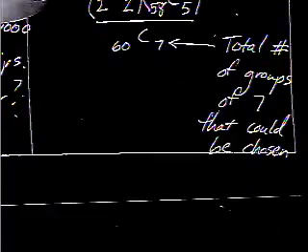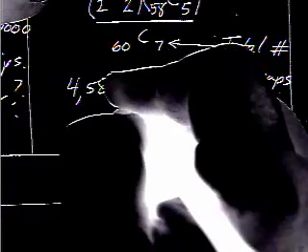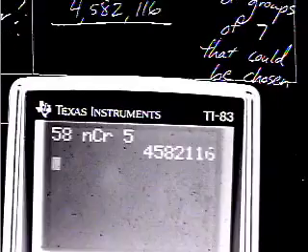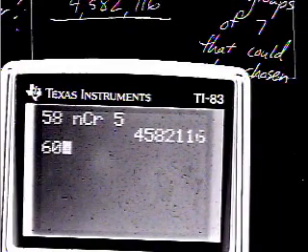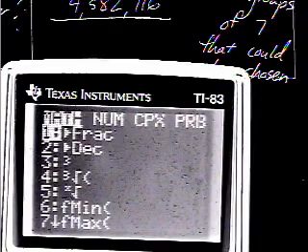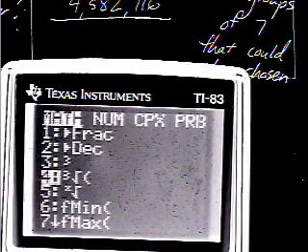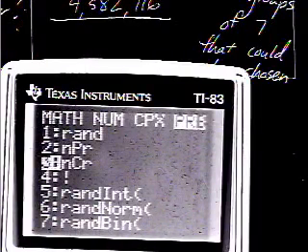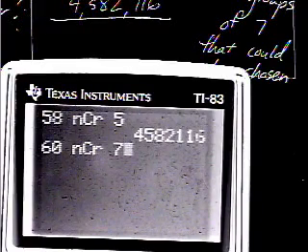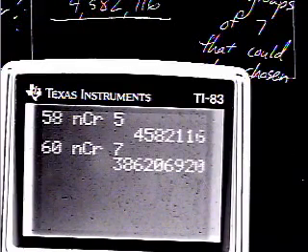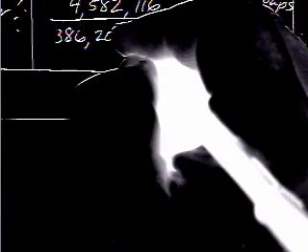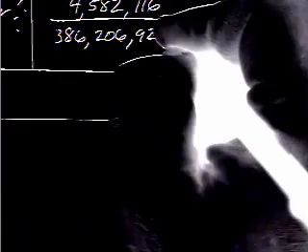So we have 4,582,116 divided by 60, Math, PRB, nCr, 7, which is 386,206,920.